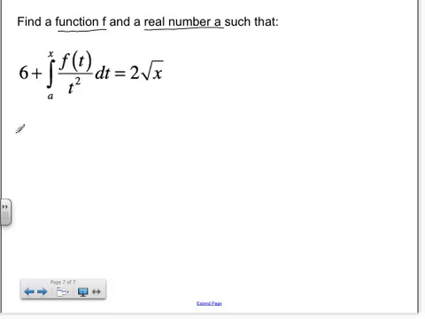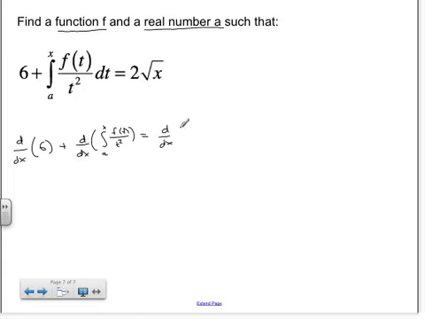So we have the derivative of 6 plus the derivative of this integral is equal to the derivative of 2 times the square root of x, which I'm going to go ahead and rewrite as 2x to the half.